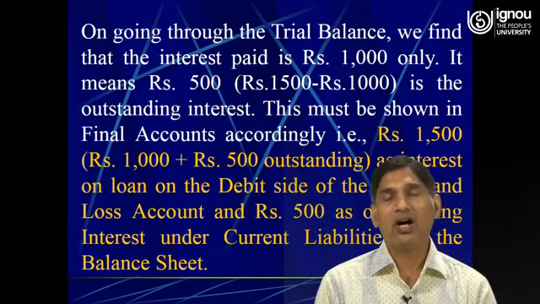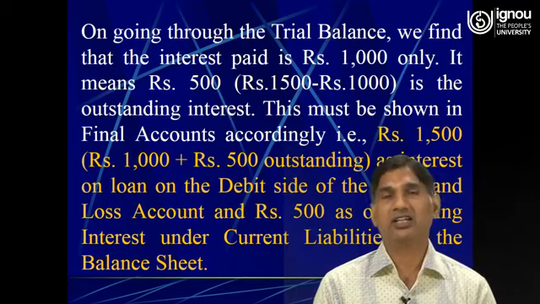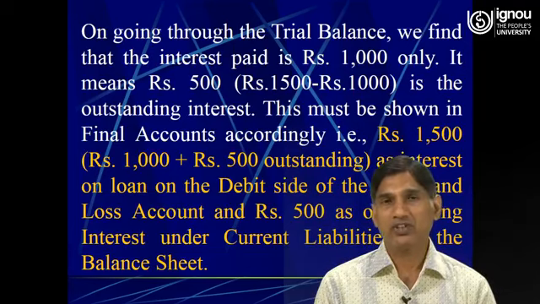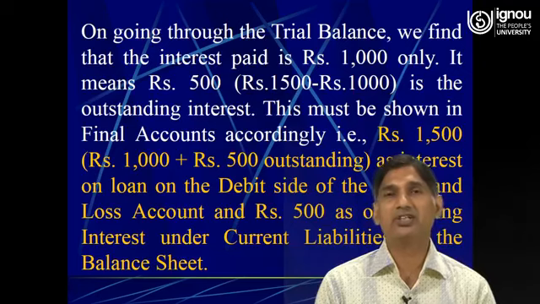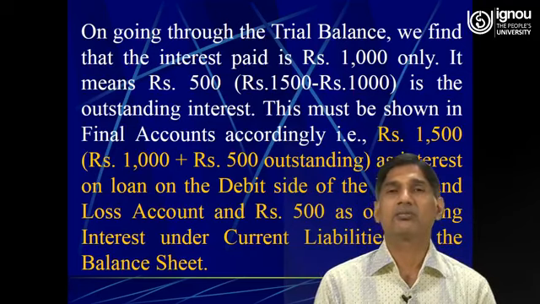So now how will we treat it while preparing the financial statement? It's as simple as we have discussed in the previous lecture. While preparing the trading profit and loss account, the amount of rupees 500 as outstanding interest will be charged on the debit side of profit and loss account.